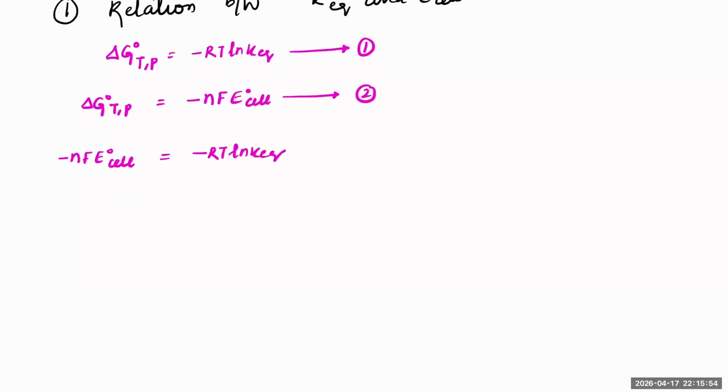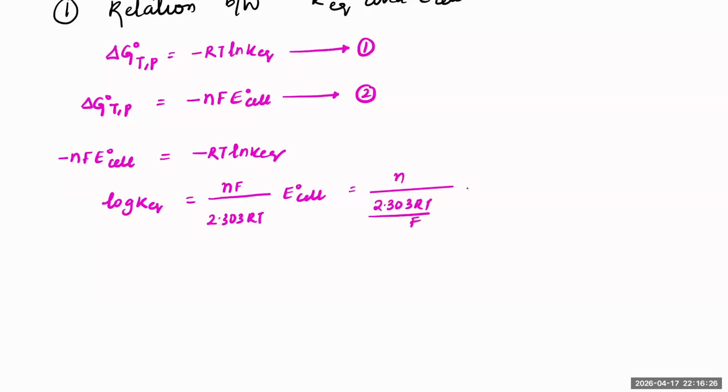So from here I can write log of K equilibrium is equal to nF by 2.303 RT into E naught cell. We know that 2.303 RT by F is 0.0591, so this is n by 0.0591 into E naught cell.